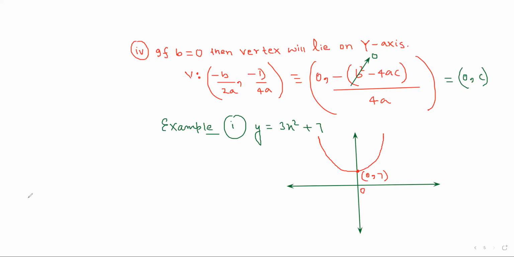So let's say example number 2. Example 2, let's say y is equal to 9 minus 4x square. Simple condition here, b is 0. A is negative, so the graph is a downward parabola.